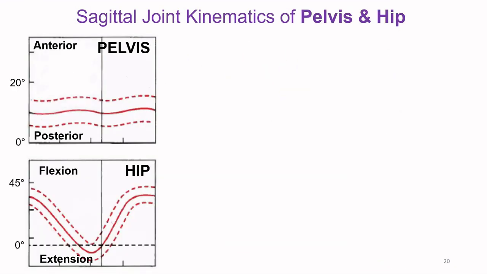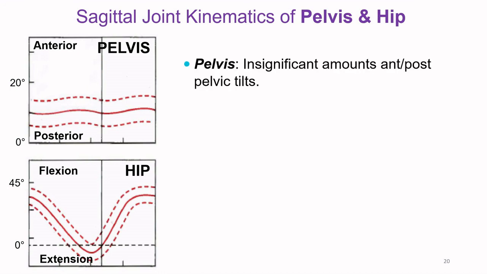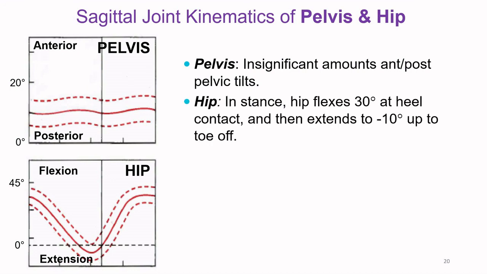Let's quickly review the take-home points from the last slide. In summary, in the pelvis, we see insignificant amounts of anterior-posterior pelvic tilt. In the case of the hip, in the stance phase, the hip is flexed 30 degrees at heel contact and then extends up to minus 10 degrees up to the point of toe-off.